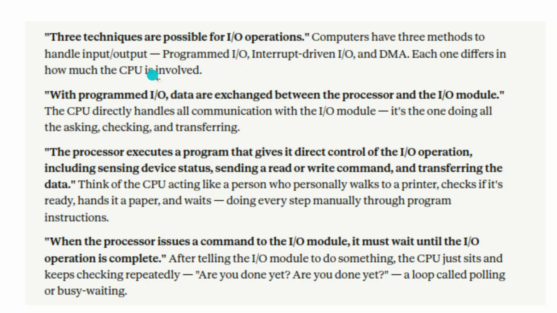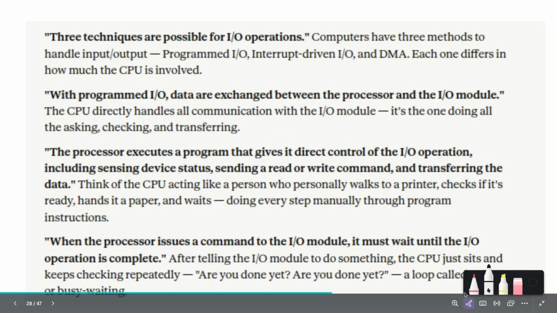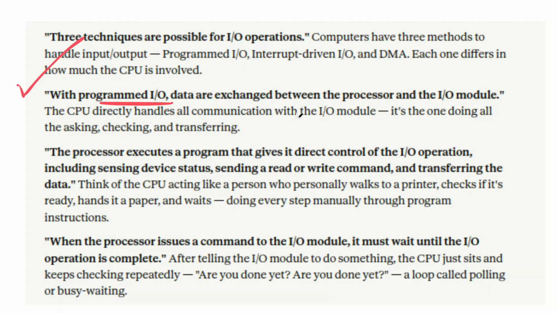If you consider programmed IO, data are exchanged between the processor and the IO module. The CPU directly handles all the communication with the IO module. It's the one doing all the asking, checking, and transferring. So in programmed IO, the CPU is completely involved.